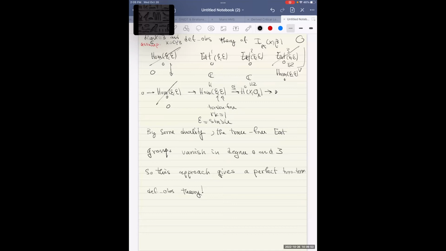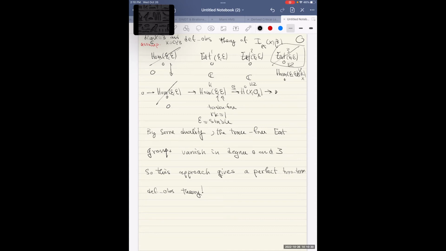If this Ext group doesn't vanish, in general, this is dual to this one times the canonical of X. If the canonical of X is not O, then these two things are not isomorphic to one another. So one of them vanishes, Hom vanishes, but Ext 3 doesn't vanish. And so a priori, you see that this theory is not well defined. We will discuss that.